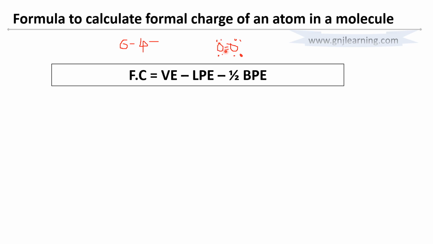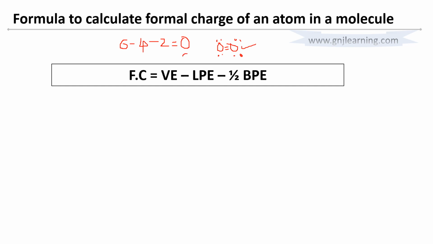There are 2 bond pairs. In 2 bond pairs there are 4 electrons. So there are a total of 4 bond pair electrons. Half of it is equal to 2. And what is the sum? It is equal to 0. And the same is the case with this oxygen.